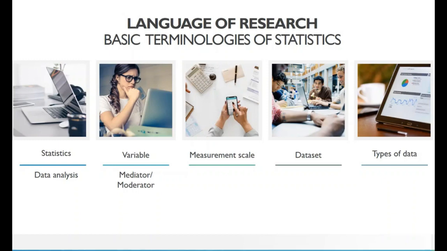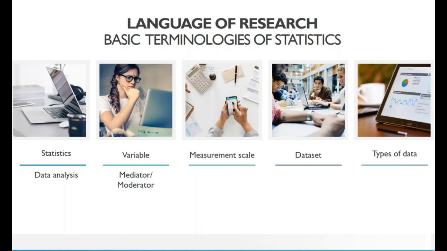This slide shows some basic terminologies in SPSS, okay? Language of research, some basic terminologies of statistics. Any scientific discipline needs a specific language for describing and summarizing observations in that specific area.